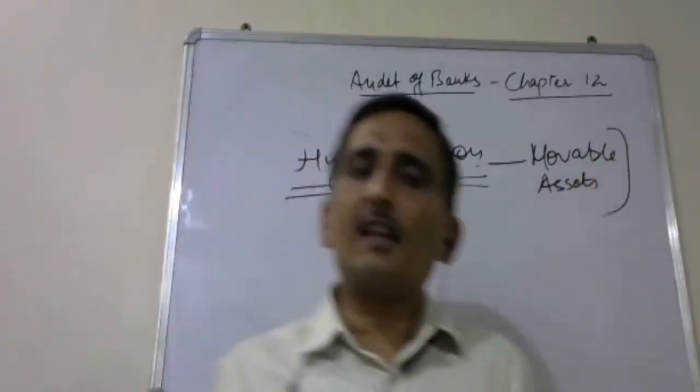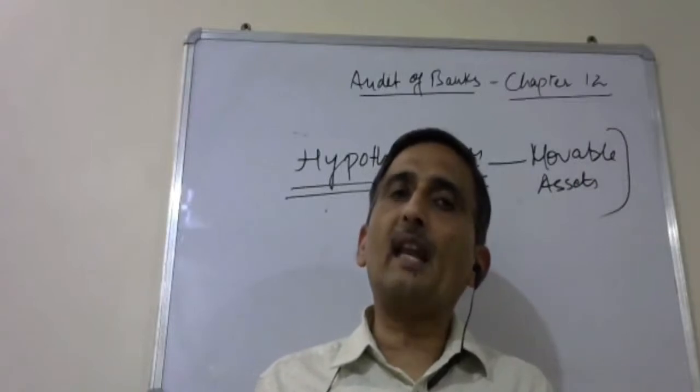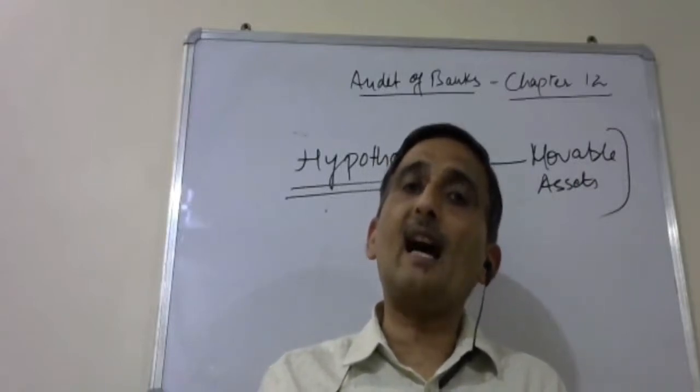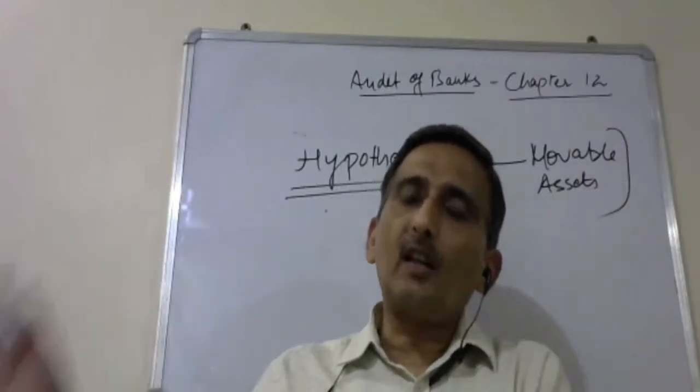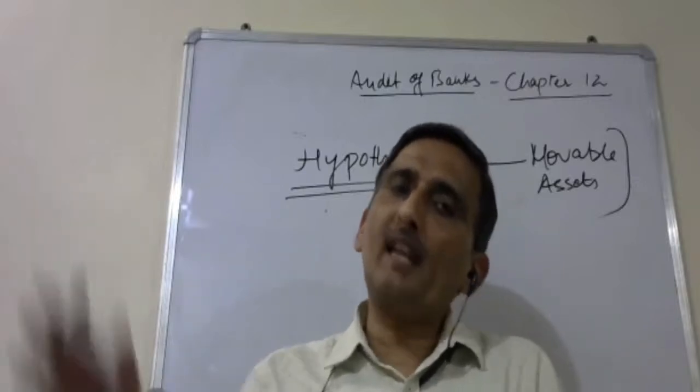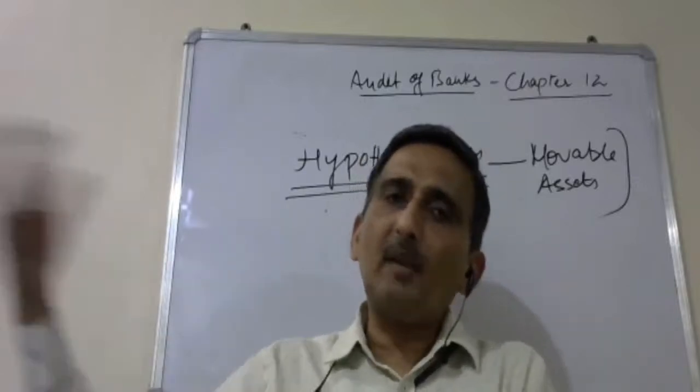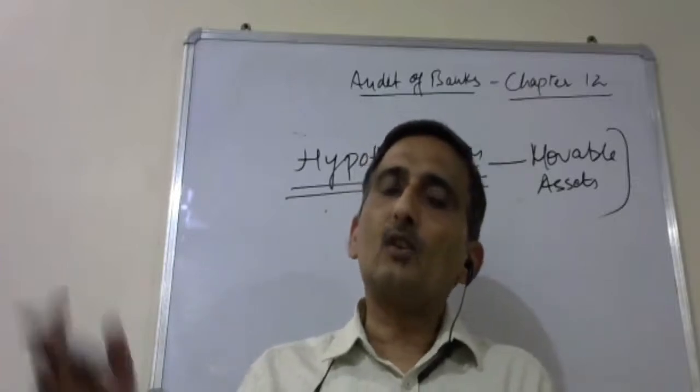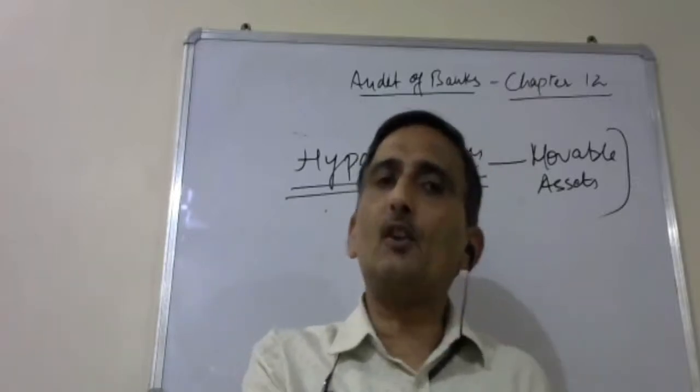The primary securities we have understood in case of a cash credit limit are stocks, but the ownership and possession of the stocks would remain with that company. The company has to do its business, so the stocks are not going to be shifted to the bank.